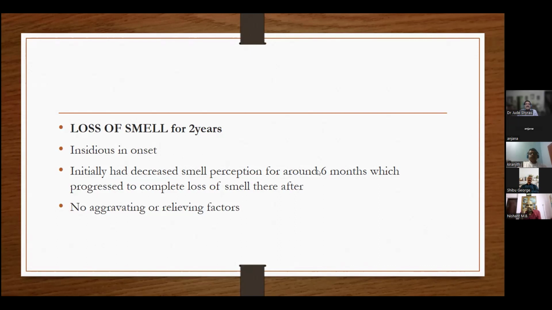That is not an answer. I asked you what is the most common cause. You have the answer in that. The most common cause of anosmia is viral. Common cold is the most common cause.